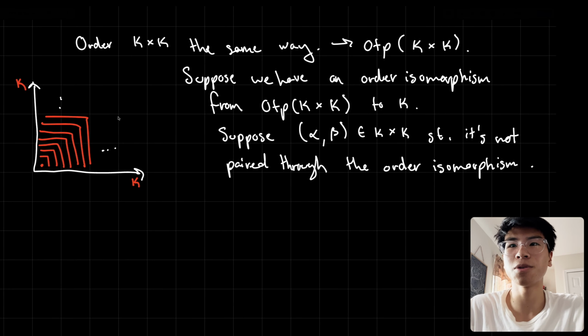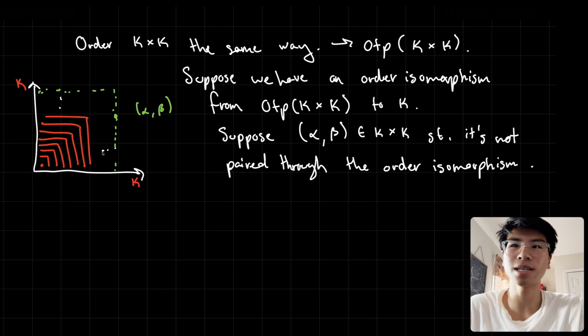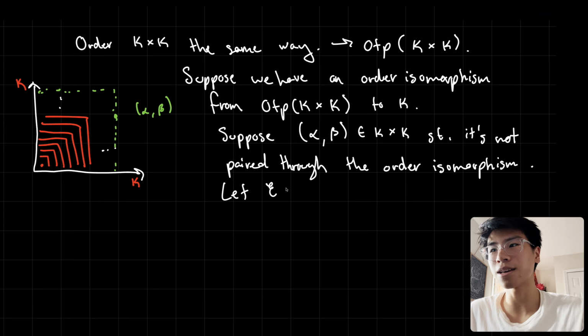So we can plot this point, (alpha, beta), somewhere in our graph, and by the way our graph is ordered, this defines some square region for which the elements that have been paired through the order isomorphism exist. Let the side length of that region be the maximum of alpha or beta.